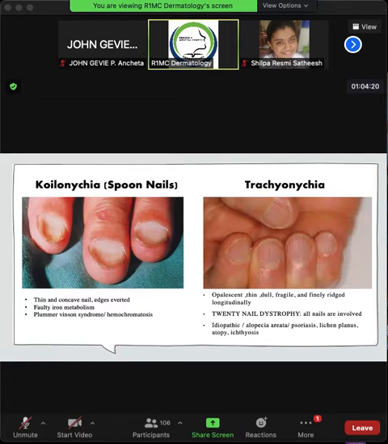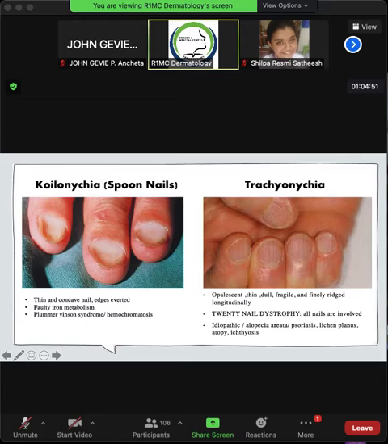Next is your koilonychia, which we also know as your spoon nails. So these are thin and pointy nails with the edges everted so that if a drop of water were placed on the nail, it would actually not run out.